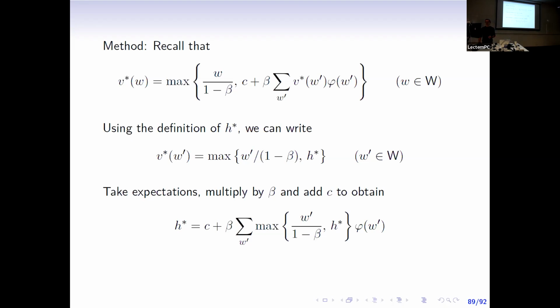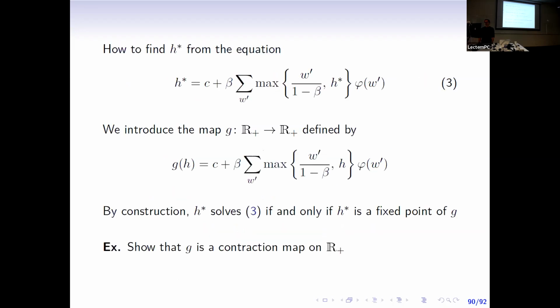How do I solve a nonlinear equation? There's a variety of different approaches we can use to solve this nonlinear equation for h star. But one way would be to proceed very much like we do when we try to solve the Bellman equation. That is, we introduce a function, which I call g, such that if I find an h with g of h equals h, I have a solution to the equation.